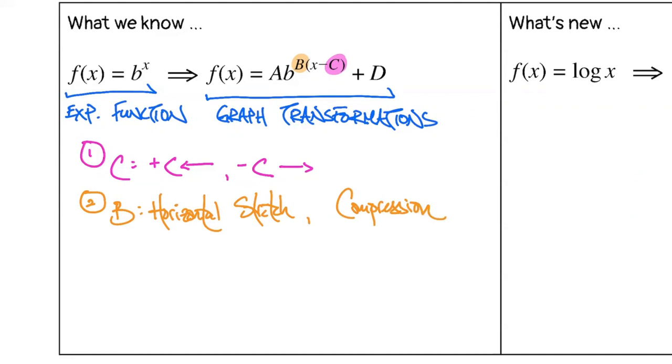And if we wanted to be even more specific, we might even say that the compression happens when B is greater than 1, but it stretches when B is between 0 and 1.